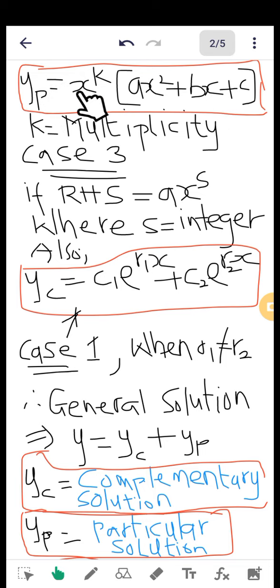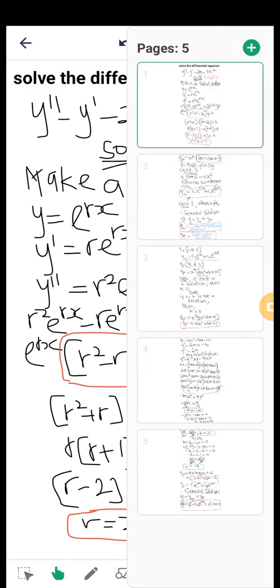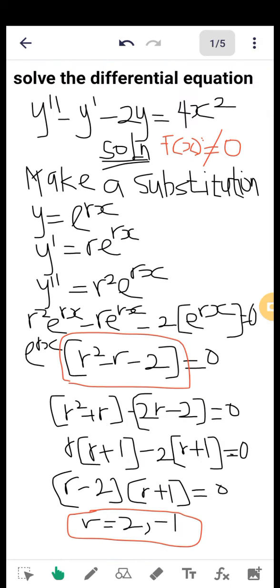Just keep in mind it is in the form y particular equals x exponent k multiplying ax squared plus bx plus c. I wrote ax squared plus bx plus c as my trial solution because it is a second degree polynomial, when we have f of x in the form.